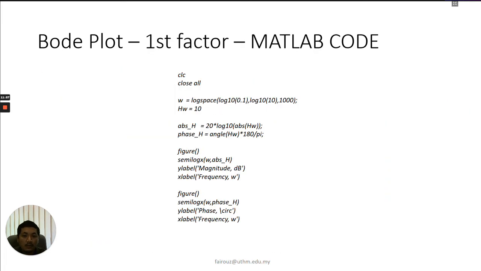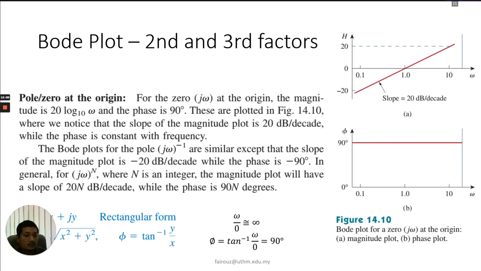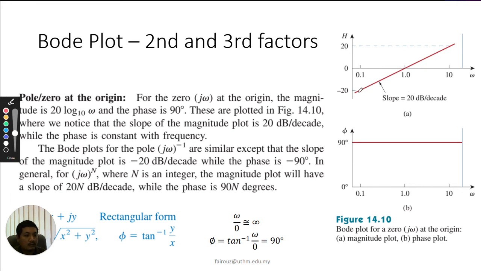So for 0, it is a straight line like this, crossing at 1 omega, and this is 0 here, and the slope is 20 dB per decade.